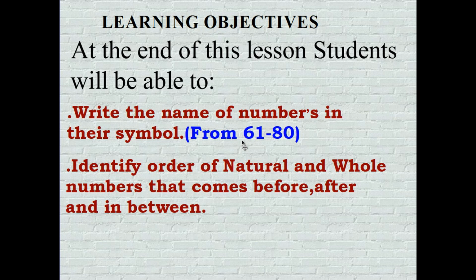Here, we continue that one. And the other one is, you'll be able to identify the order of natural and whole numbers that come before, after, and in between. So these are our objectives.